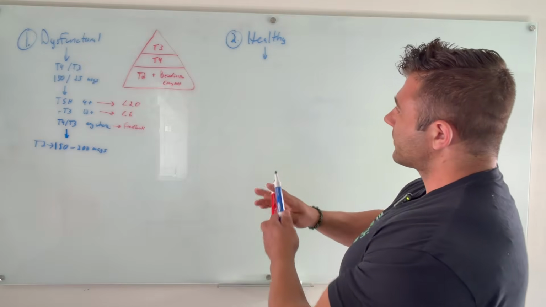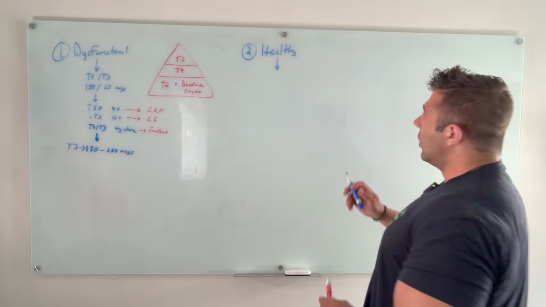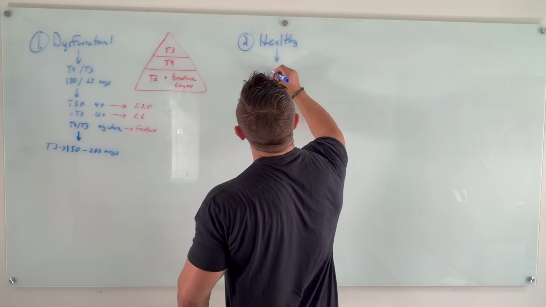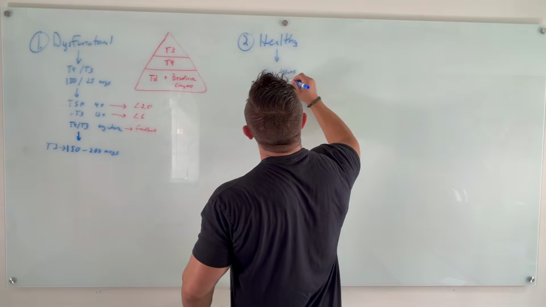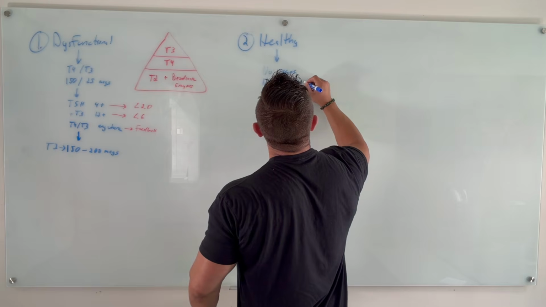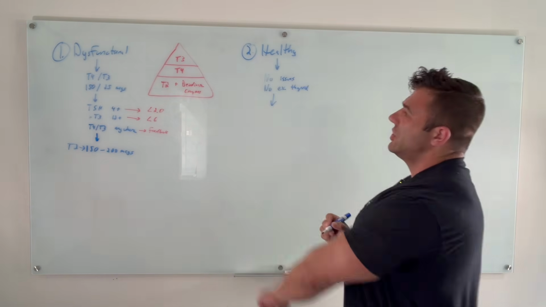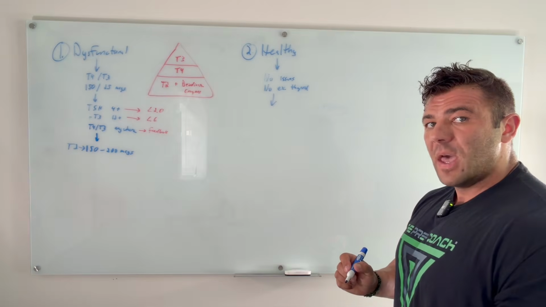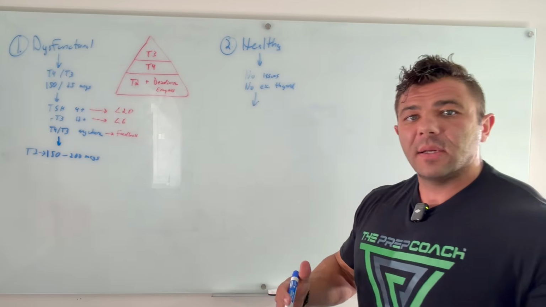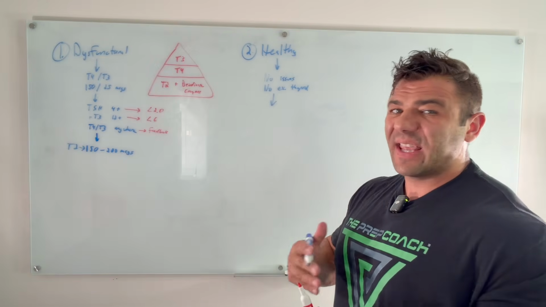Now, if you're healthy, and let's say on blood work, there's no problems, so we're going to say no issues on labs, no exogenous thyroid. If you are this person, when does T2 make sense to be brought in? Well, as our gland goes through life, it takes more and more wear and tear, like everything in our bodies.